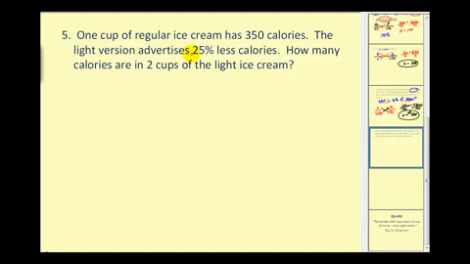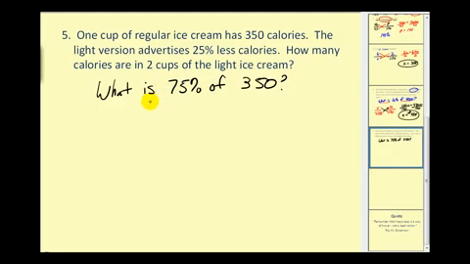If the light version has 25% less calories, what percent of calories remain? Well, 100% minus 25% would be 75%. So if we can answer the question, what is 75% of 350, we would know how many calories are in 1 cup of the light version.